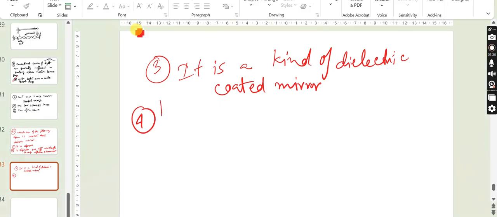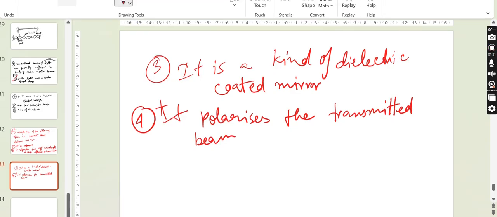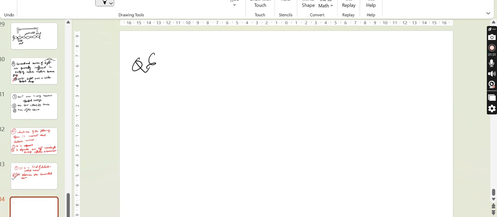That is entirely false. It doesn't polarize the transmitted wave. So this is the incorrect answer.